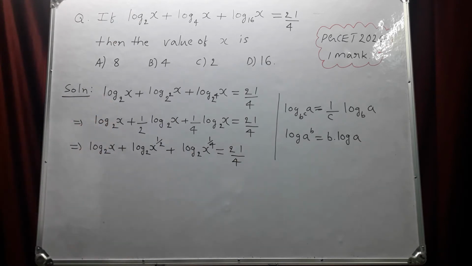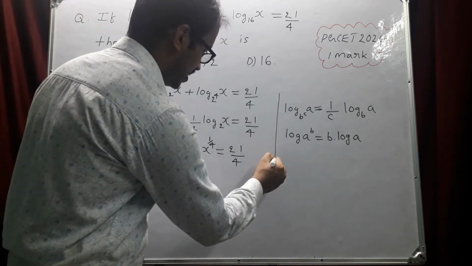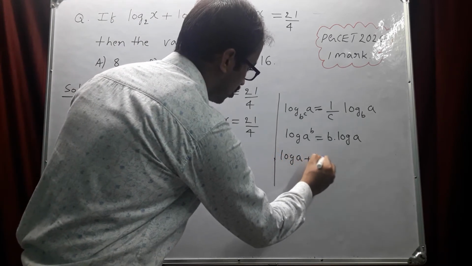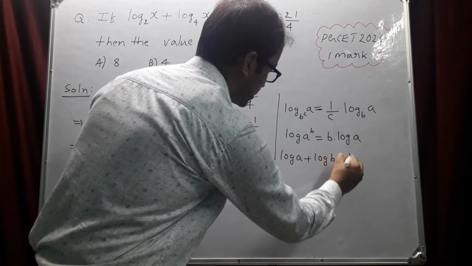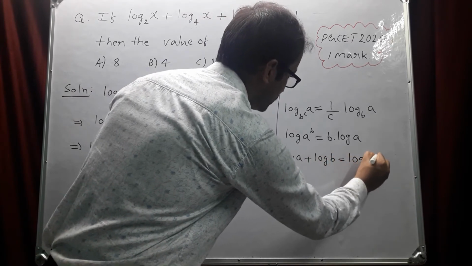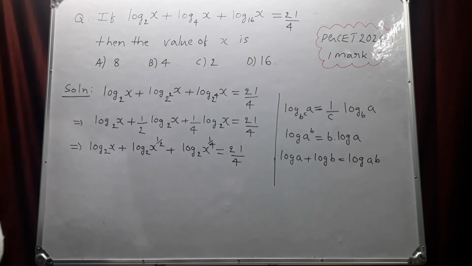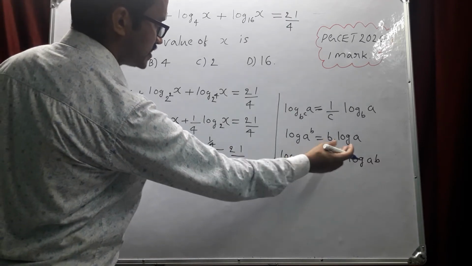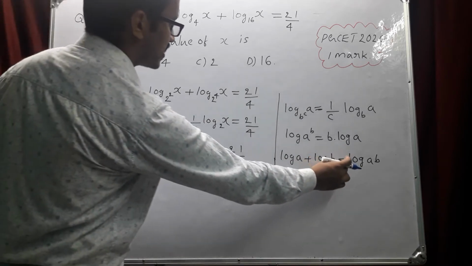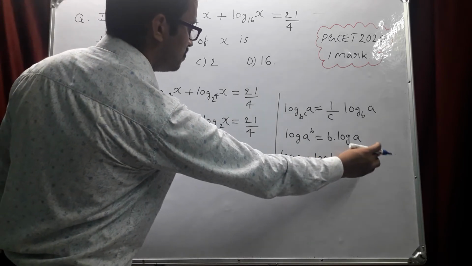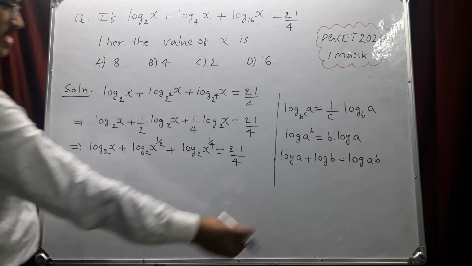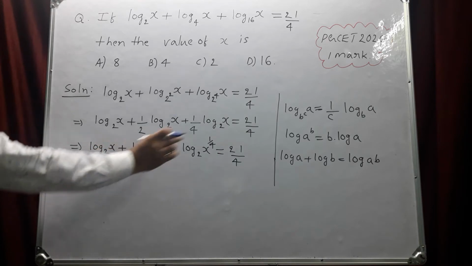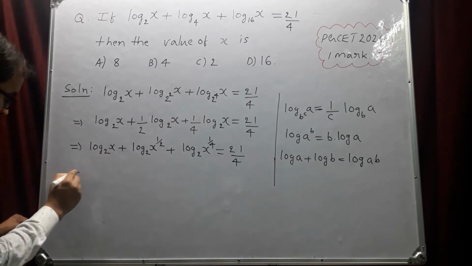So in the next step I will use another property, that is log a plus log b. We can write it as log a into b. If we have log a plus log b plus log c, what we can write? We can write it as log a into b into c. So repeated use of same formula. So here by using that property, what I can write?